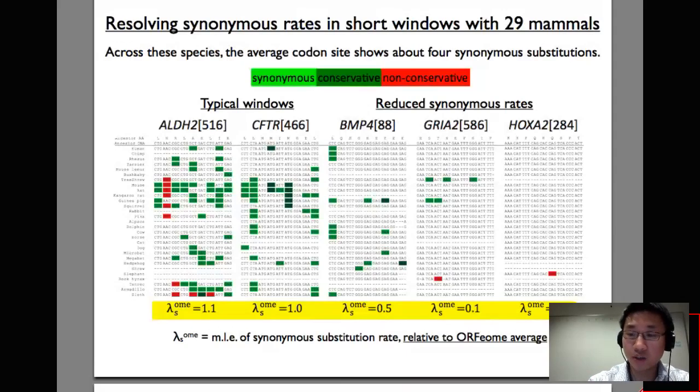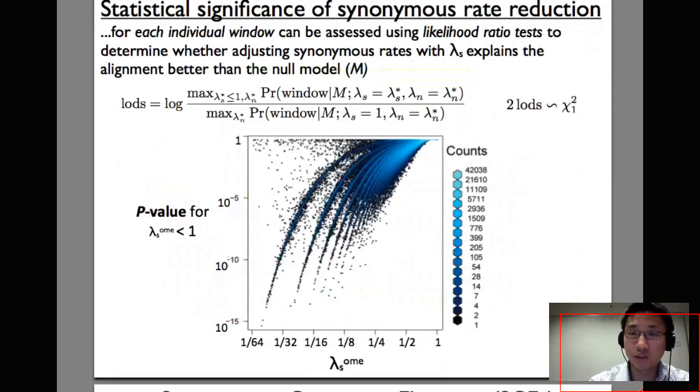So to address this, we can build upon methods that are very widely used with these phylogenetic models. We will formulate a likelihood ratio test, which will basically map the probability distributions that we're seeing for the window and the estimated rates onto a p-value for the hypothesis that the synonymous substitution rate is reduced.